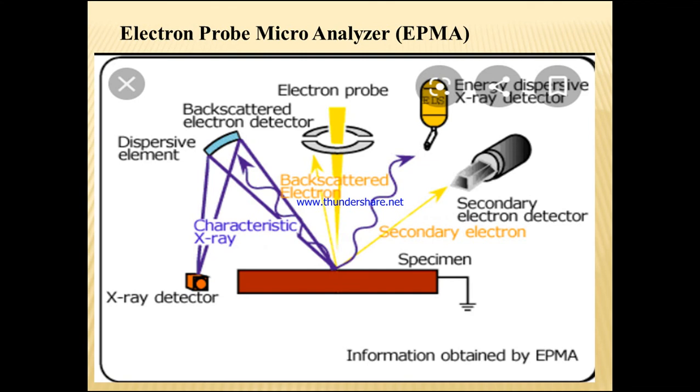In the same way, we have some limitations. An electron probe is primarily a tool for the chemical analysis of a solid material at small spatial scales. So the material should be small; larger or bigger materials cannot be analyzed by using these electron probe microanalyzers.